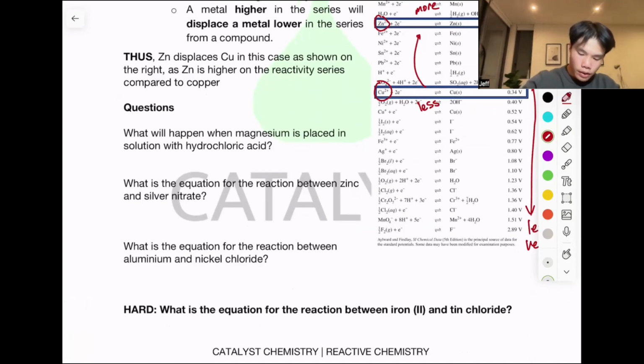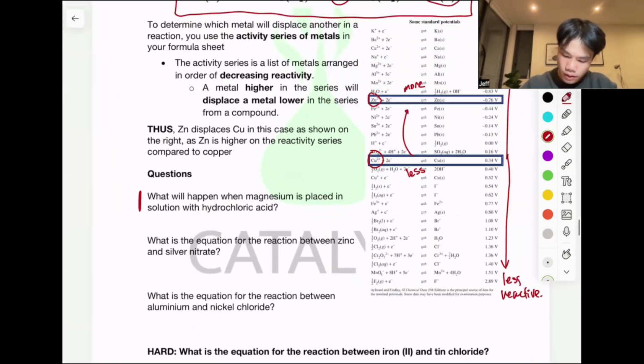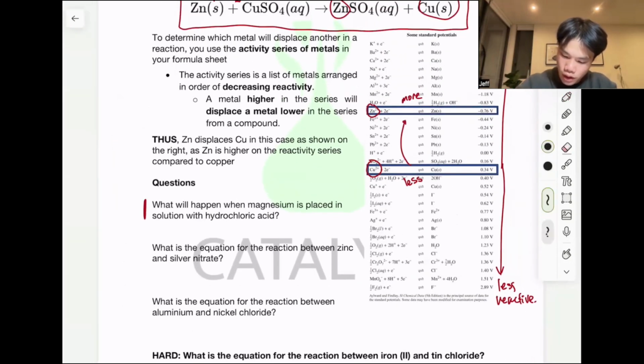So then going to the next one, what will happen if you put magnesium in solution with hydrochloric acid? Will it displace or will it not? Thumbs up, thumbs down once you get an answer. Will magnesium displace whatever's in hydrochloric acid?